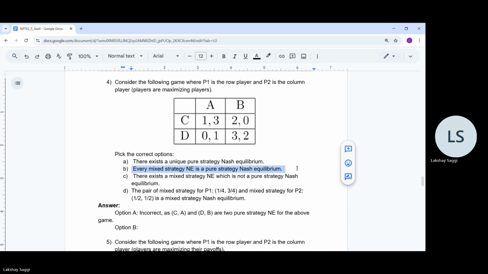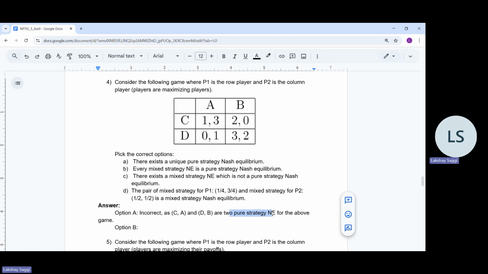So actually, what one can see is the kind of thing which I wanted to get here: if you have two pure strategy Nash equilibria, then their linear combination will also be a Nash equilibrium.